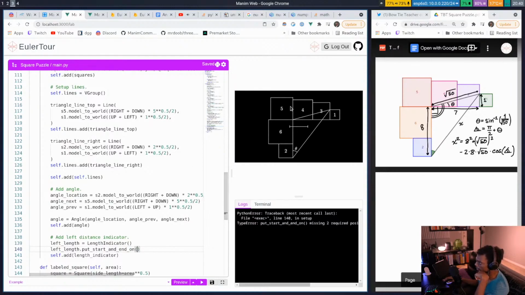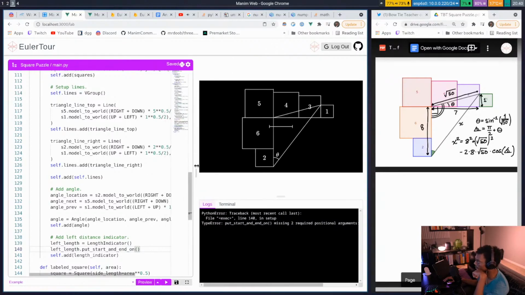Honestly, I need a name for the bottom right corner of the 5.